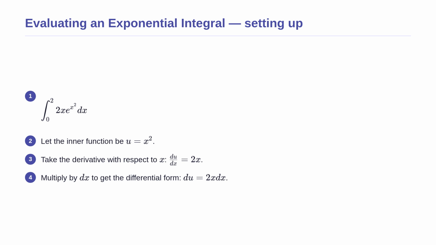But notice that the derivative of x squared is exactly 2x, which is sitting right next to it. So, we choose our inner function x squared to be our new variable u. Taking the derivative gives us du equals 2x dx. This means the entire messy chunk of 2x dx can be perfectly replaced by a simple du.